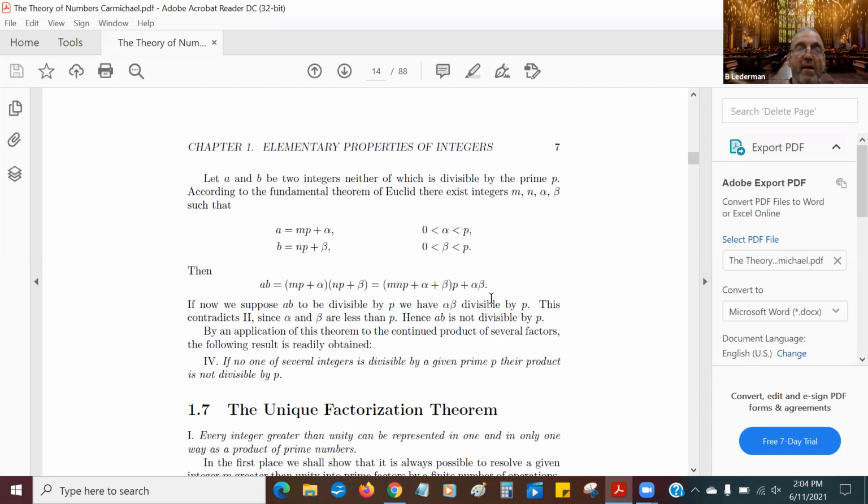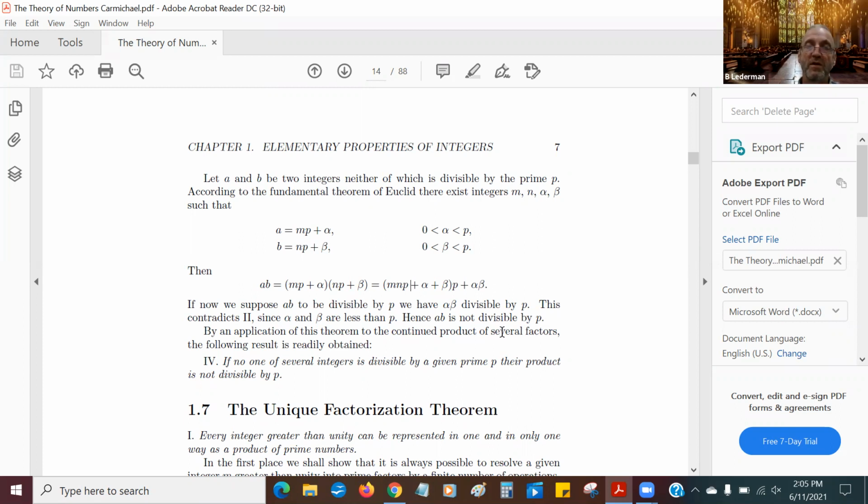Now, if we suppose ab to be divisible by p, then alpha beta is also divisible by p. And this contradicts number 2 because alpha and beta are less than p. So it can't work. Hence ab is not divisible by p, because alpha beta cannot be divisible by p.